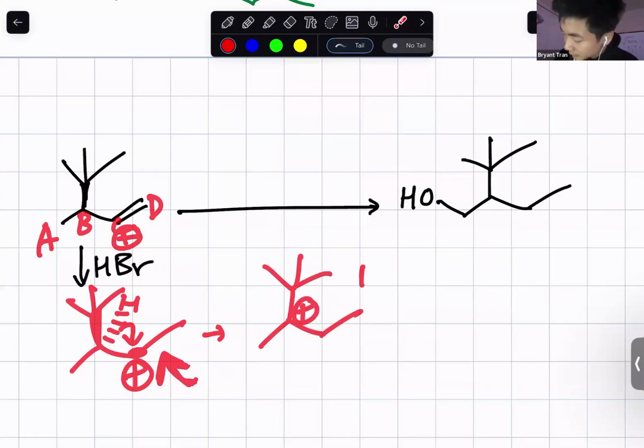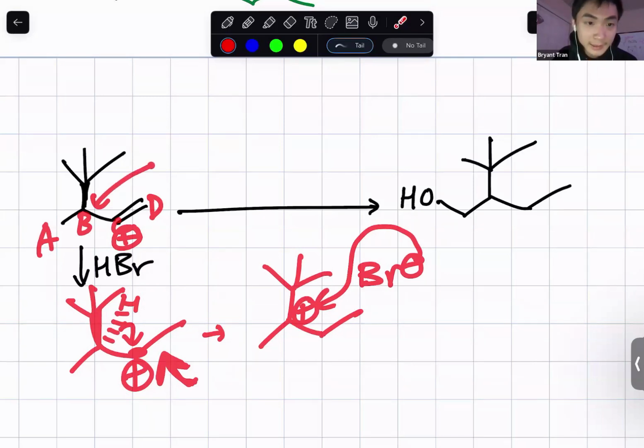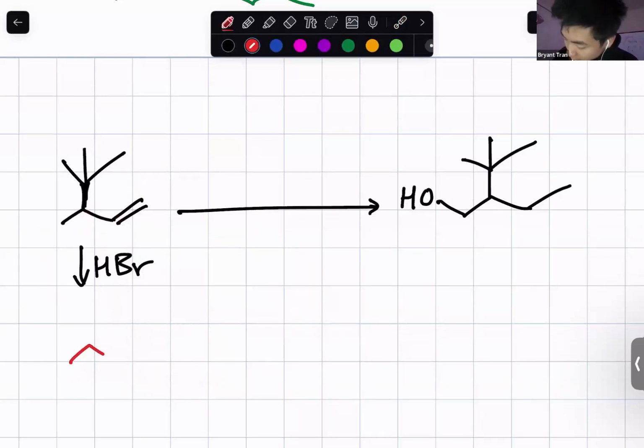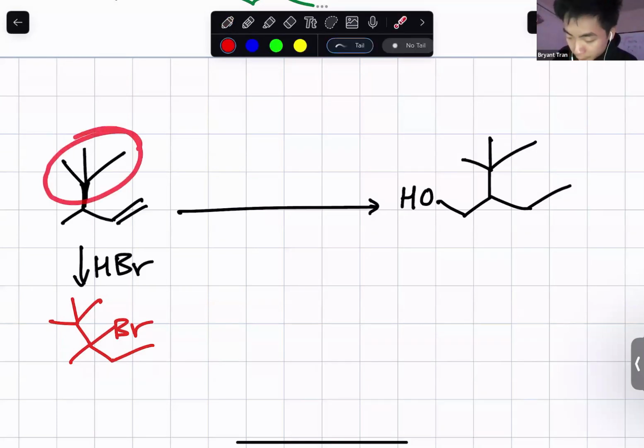And once we have that most stable carbocation, Br minus is going to attack that carbon, attaching the bromine at carbon B instead because of that hydride shift, because of that carbocation rearrangement. So when I proceed with HBr, I'm going to have bromine on that carbon B right there, which is why we lost the stereochemistry of this tert-butyl group, because it came from a carbocation intermediate, a flat planar carbon.